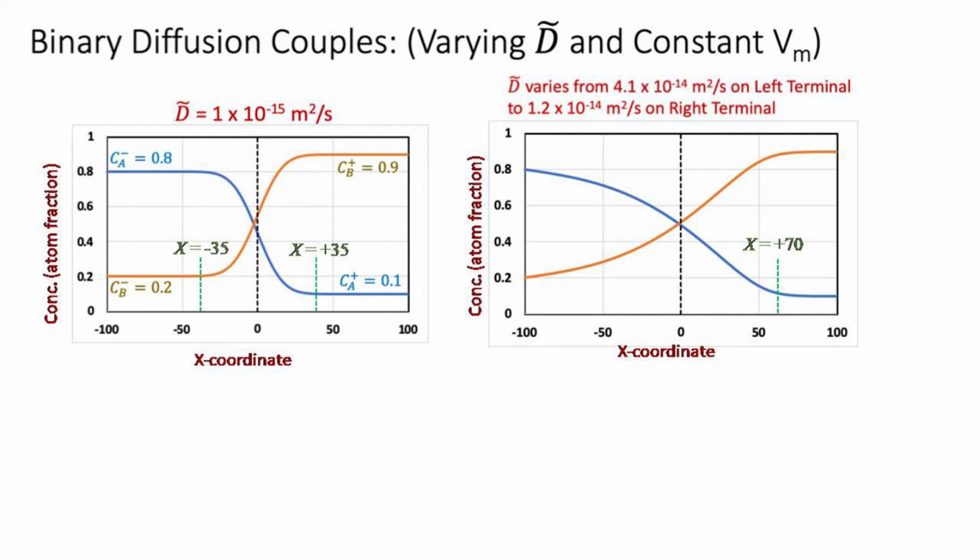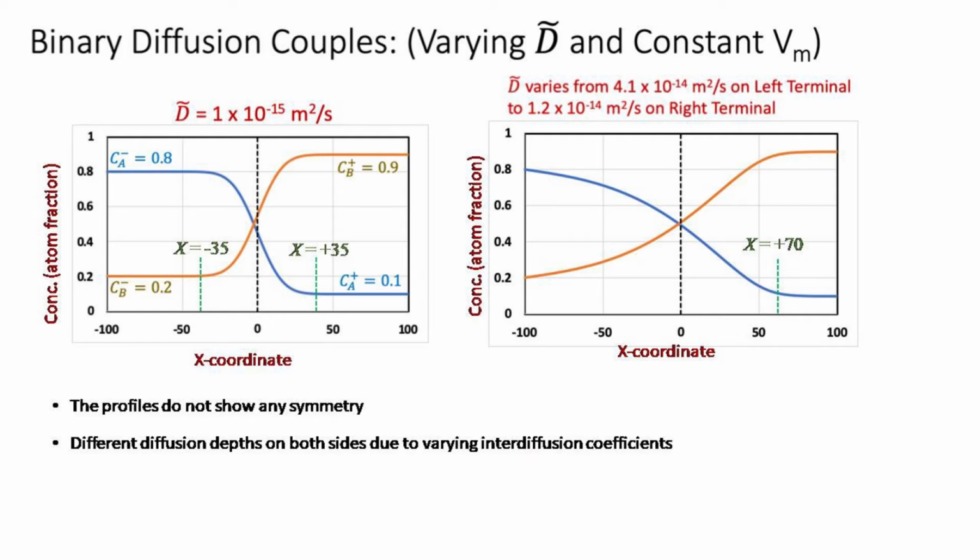Now, the difference between the two types of profiles when d tilde is constant as against when d tilde is varying is obvious. The first, if we see, the individual profiles do not show any kind of symmetry, which is obvious because d tilde is varying with composition. Also, the diffusion depths are not same on both the sides.